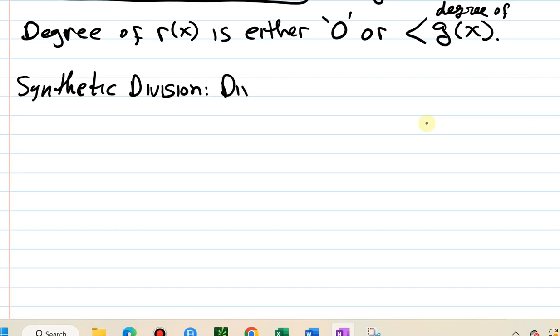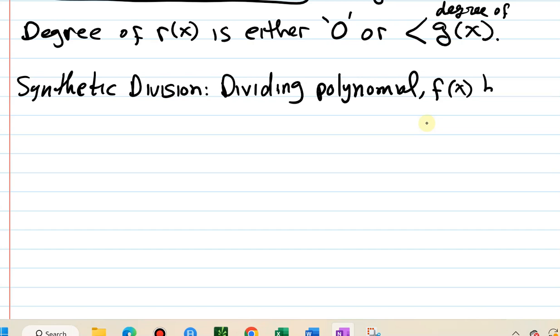That's when we are dividing a polynomial in x, call it f of x, by a binomial. The binomial acts as g of x for us, and it has to be in a specific form. It's going to be x minus, and the minus sign is important here.